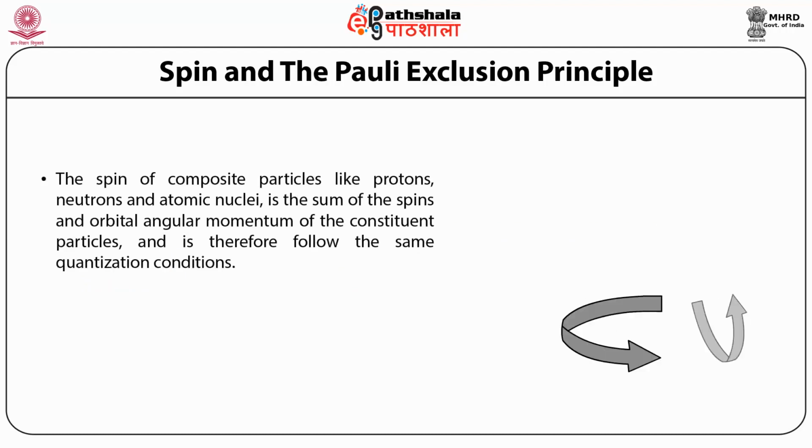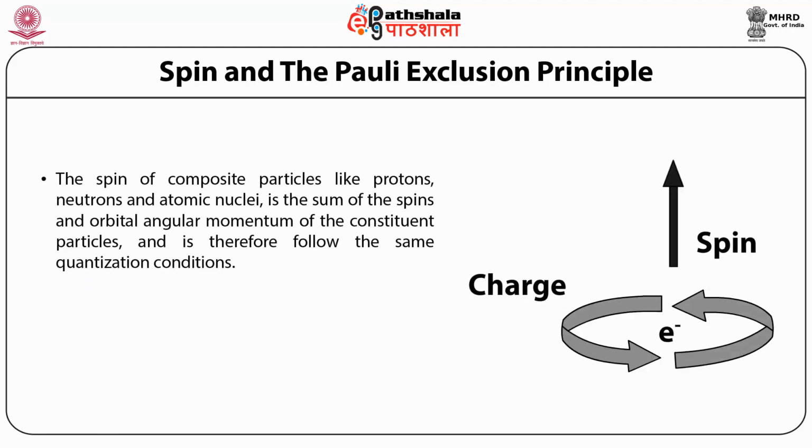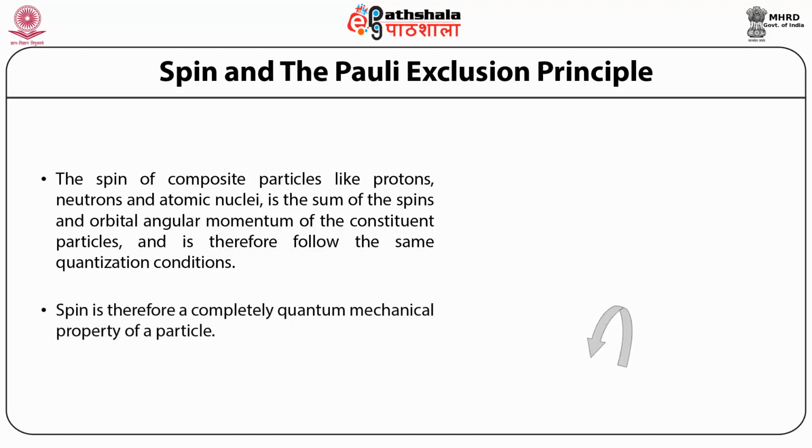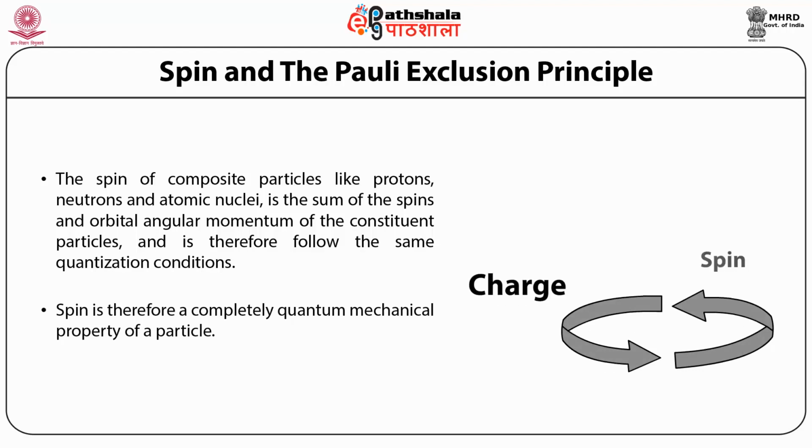The spin of composite particles like protons, neutrons and atomic nuclei is the sum of the spins and orbital angular momentum of the constituent particles and therefore follows the same quantization conditions. Spin is therefore a completely quantum mechanical property of a particle.